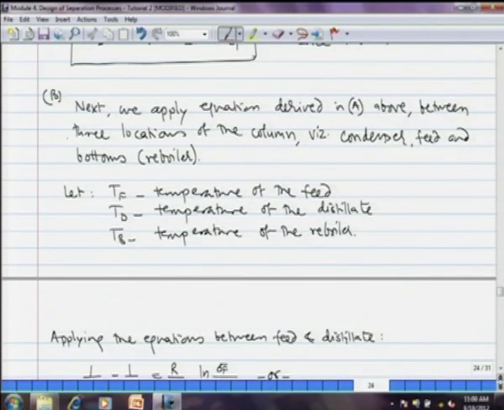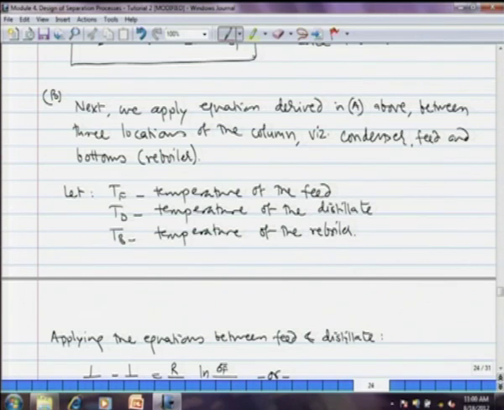Next, we apply this relation between the 3 locations in the column, that is condenser, feed and bottom, because we now have to estimate the total heat degradation across a distillation column. So, we denote Tf as the temperature of the feed, Td as the temperature of the distillate and Tb as the temperature of the reboiler.